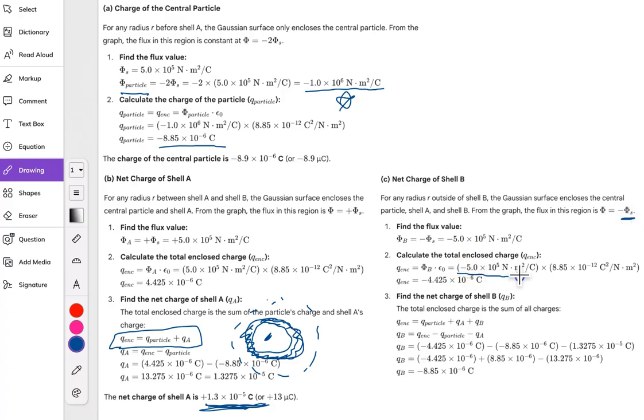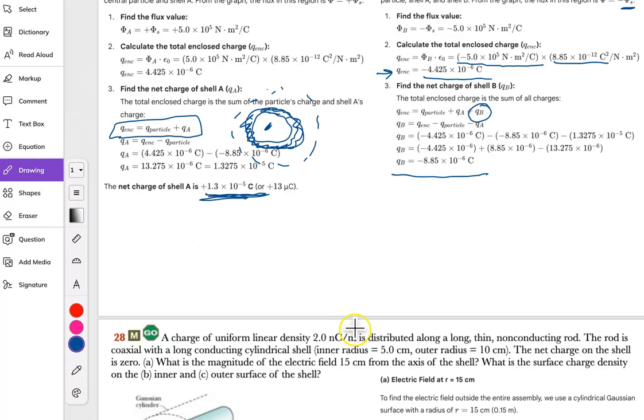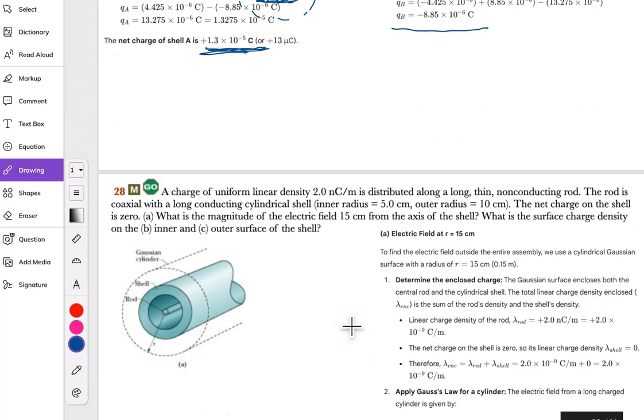So it's now negative 5 times 10 to the 5th times epsilon naught again. And that gives us negative 4.425 times 10 to the negative 6. So that's the total charge from A, B, and the particle. And we just want the charge from B. So we rearrange the equation, plug all our numbers in, and then we end up with the charge on surface B. Let's go ahead and take a look at this next one.